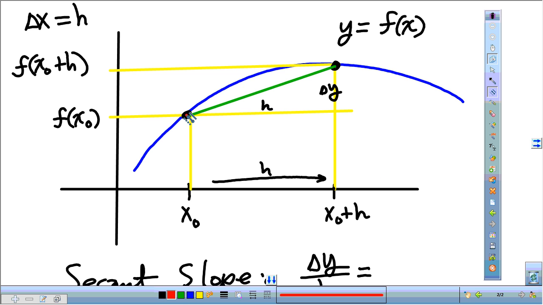Now, if we take a direction or slope at the point above x sub 0, this secant line slope is an approximation to the tangential direction slope.